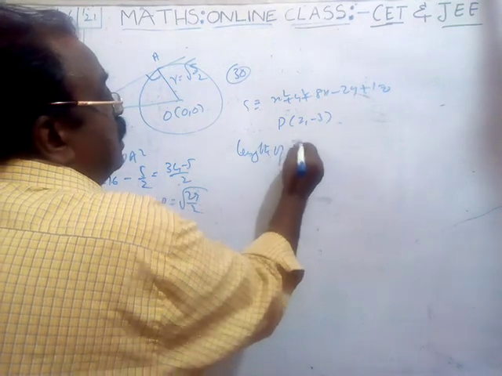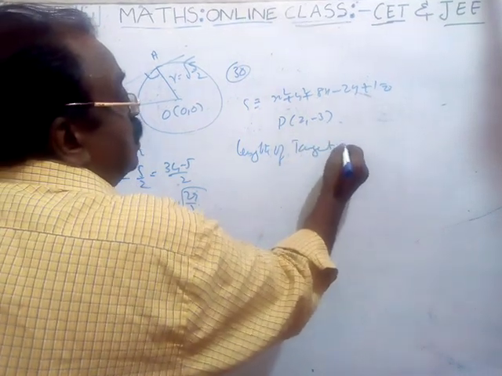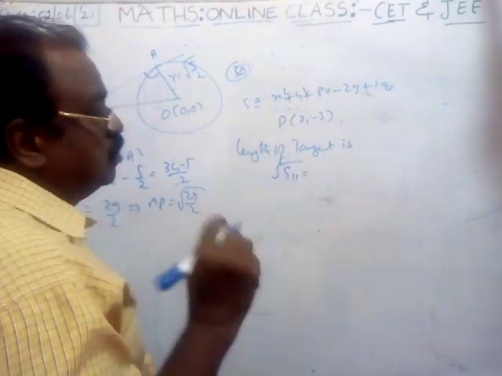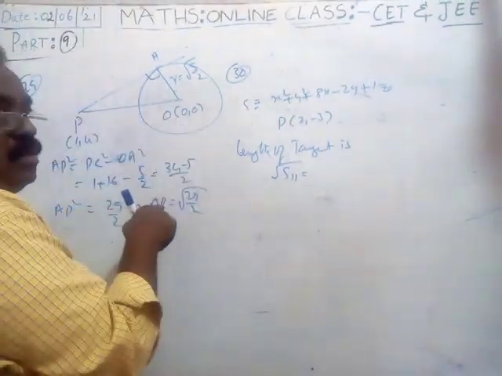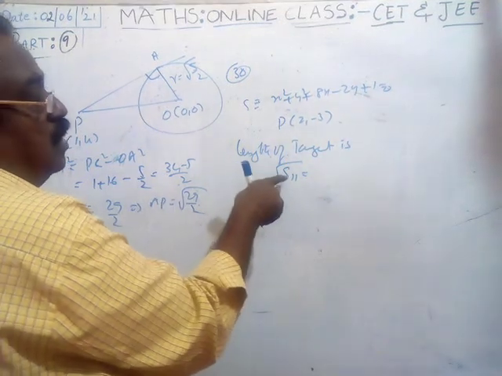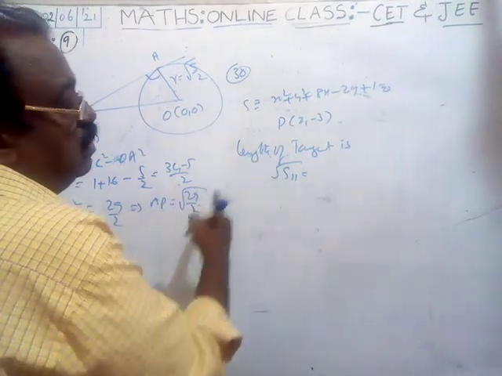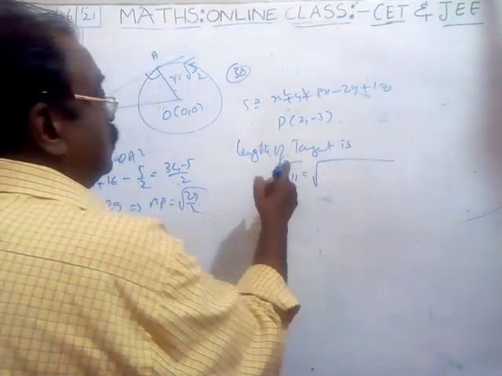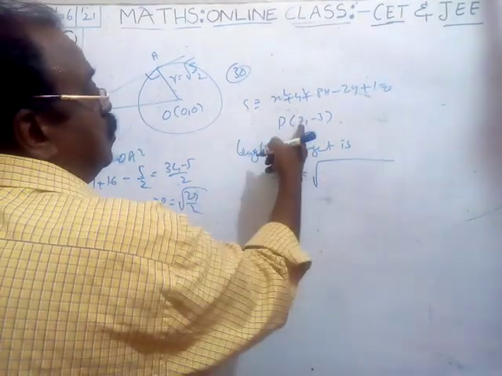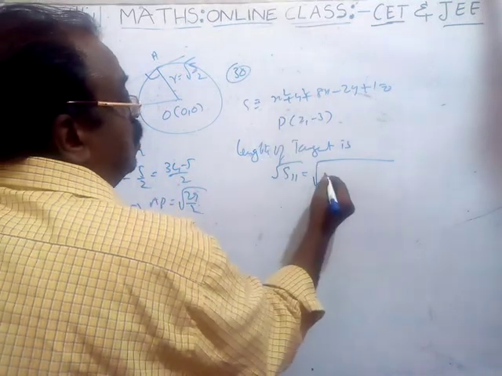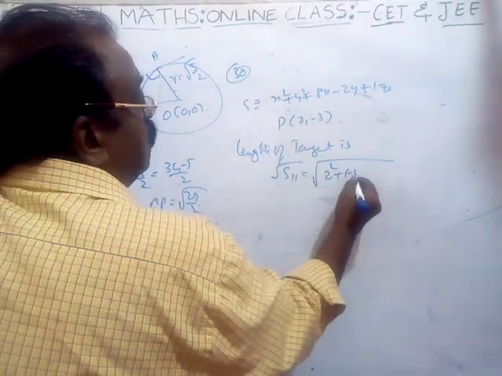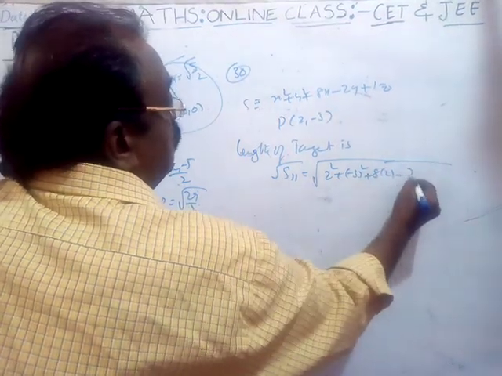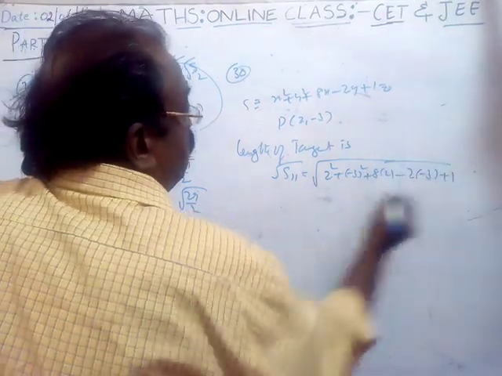Length of tangent, a formula is there: root of S11. That formula, like this we may solve or otherwise using the formula. I gave this formula in the synopsis also. Root of S11 means you substitute 2 for x and −3 for y. This is 2² + (−3)² + 8 into 2 − 2 into (−3) + 1.